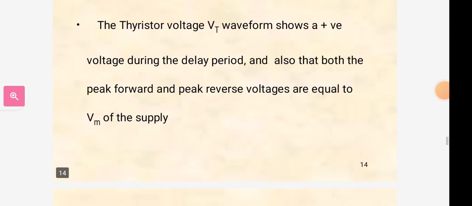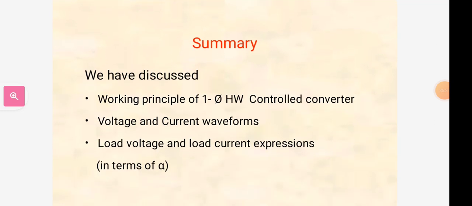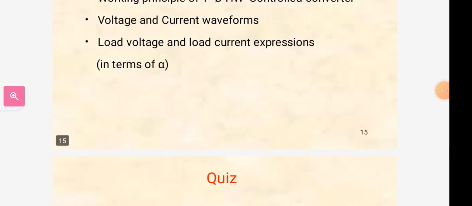Today we discussed the working principle of the single phase half wave controlled converter, the voltage and current waveforms, and the load voltage and load current expressions in terms of alpha.